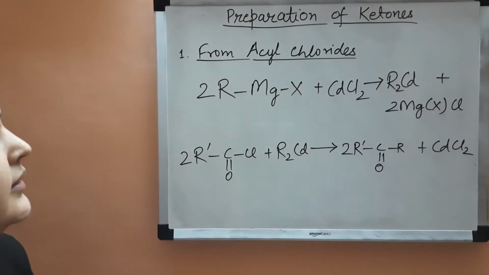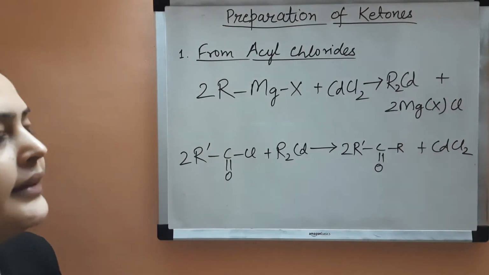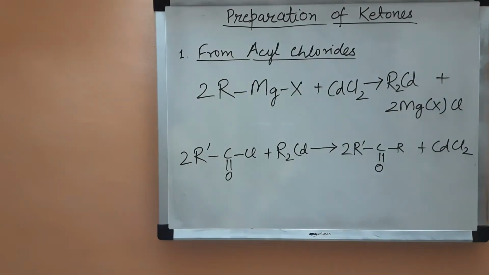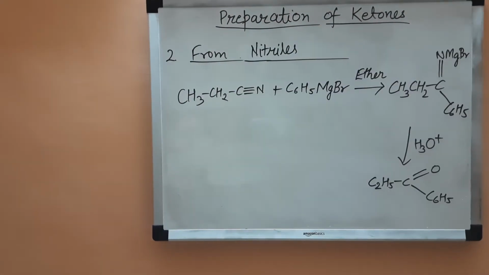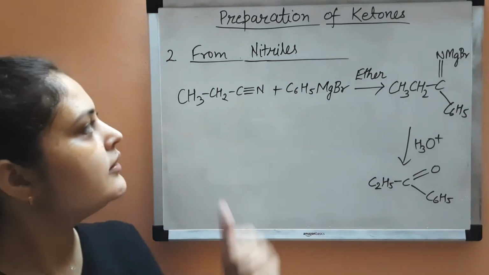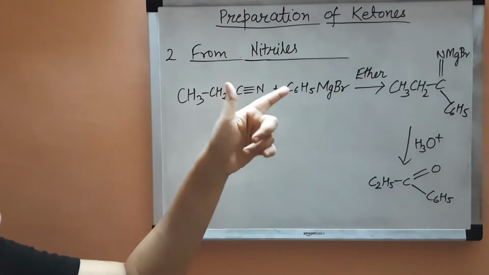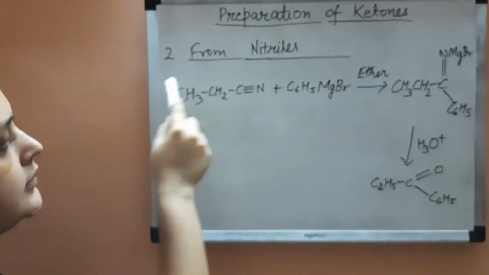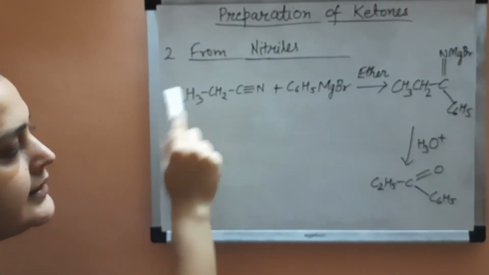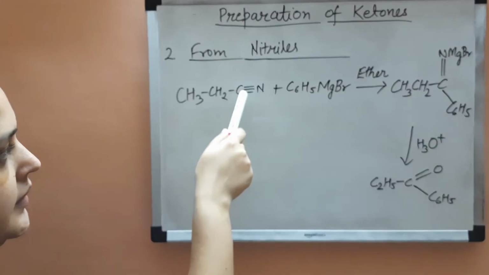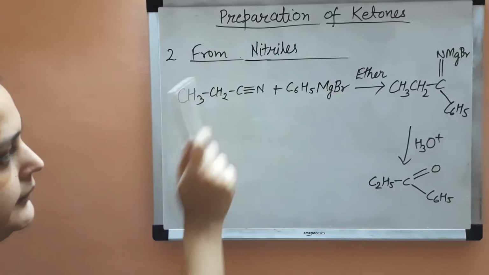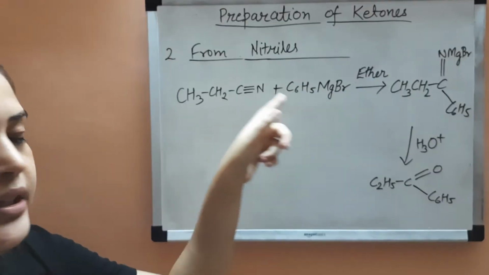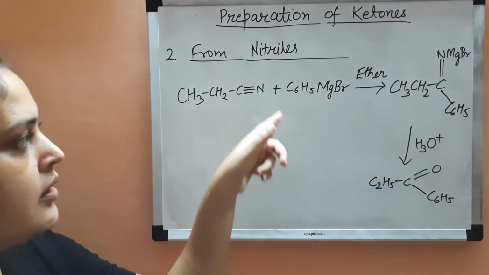Next, the second method is from nitriles. So next method is to prepare the ketone from nitriles. What are nitriles? The hydrocarbons containing the CN group, C triple bond N. When it is treated with Grignard reagent, here also Grignard reagent is used.